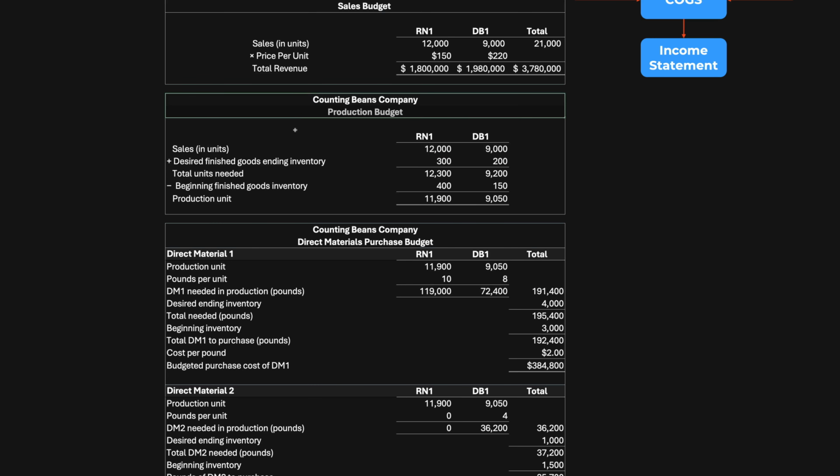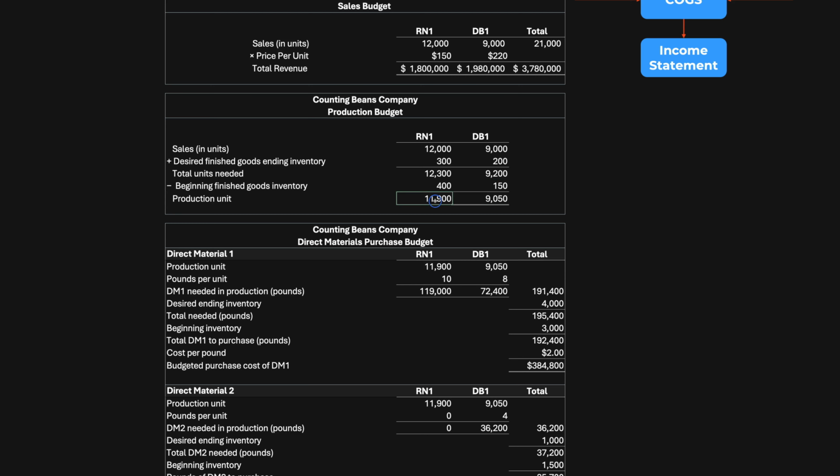Taking a look at our production budget, we take our sales and add the desired ending inventory for each product, and we get the total amount of inventory that is needed. If we subtract what the business expects to have, 400 units and 150, which again was given, we can then calculate the amount that needs to be produced. 12,300 subtract 400 is 11,900 units, and 9,200 subtract 150 is 9,050 units.